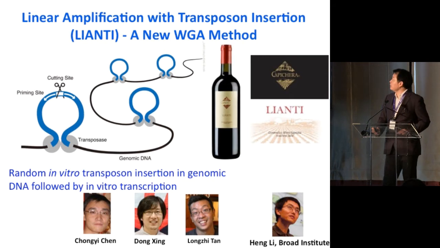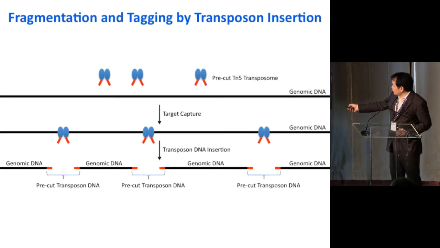So our latest method is based on transposon insertion. This insertion is random across the genome. Normally a transposon has a loop. We use this pre-cut transposon.